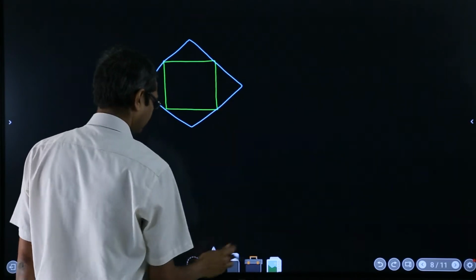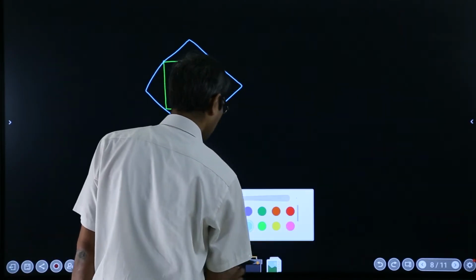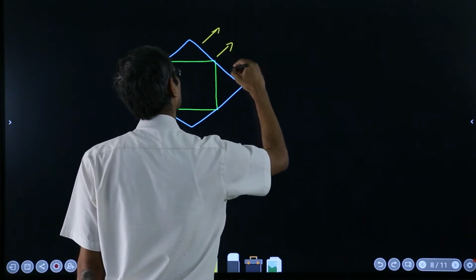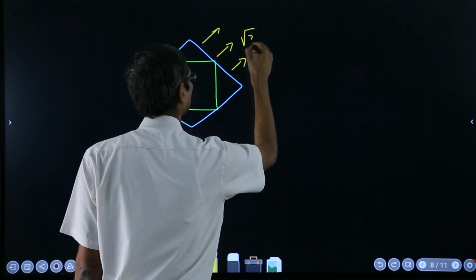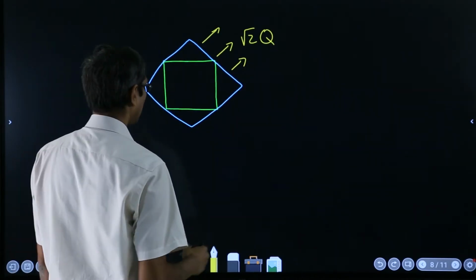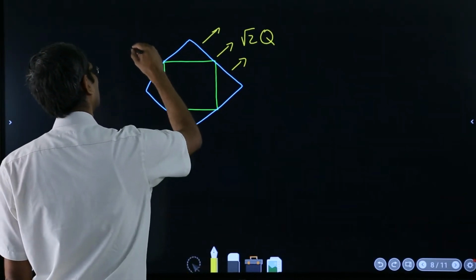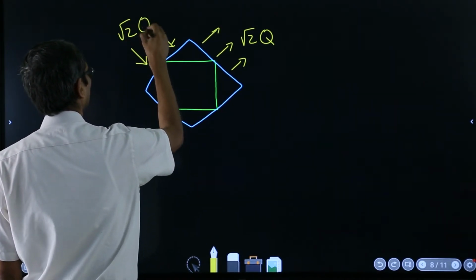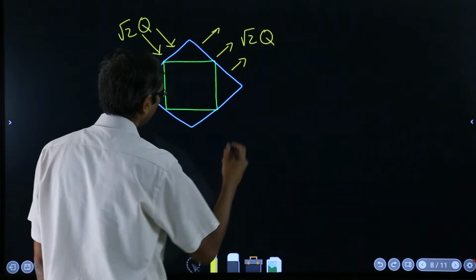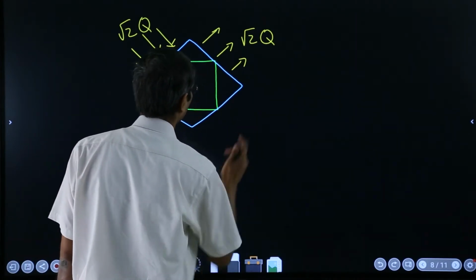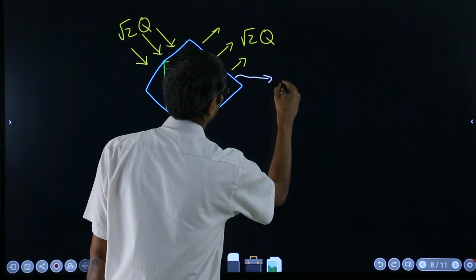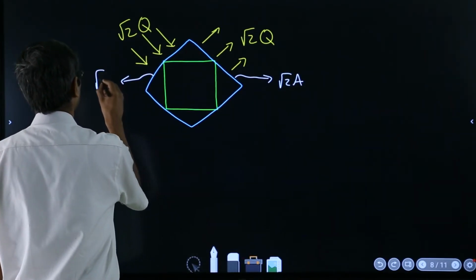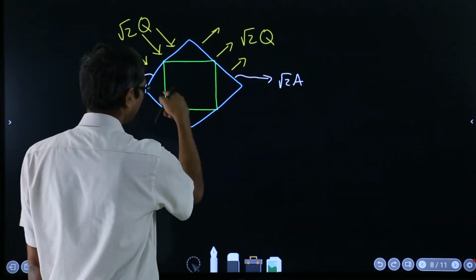So now on this square, you have a root 2 Q force acting, tensile. On this you have compressive root 2 Q, and the areas of these are by default root 2 times A, if the area here is A.